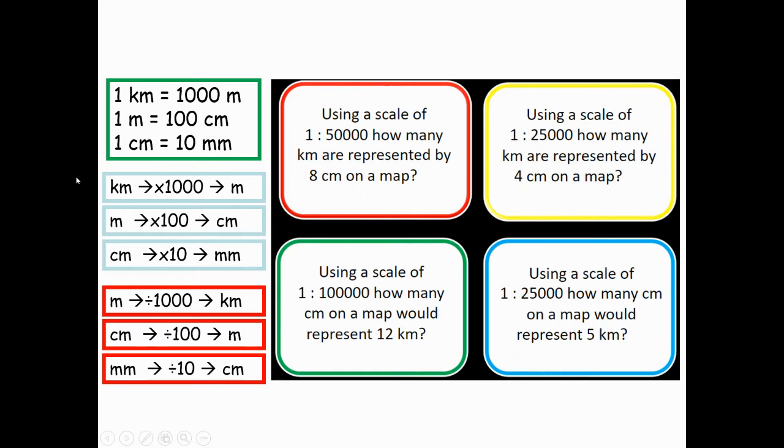You just got to think, am I expecting to have more or less as my answer? Because if your answer's at the moment in kilometers and you want to turn it into meters, you should have more meters, which means you're going to be timesing. Or you can just remember these different things I haven't written down and refer back to them until you remember them. So let's look at some questions.